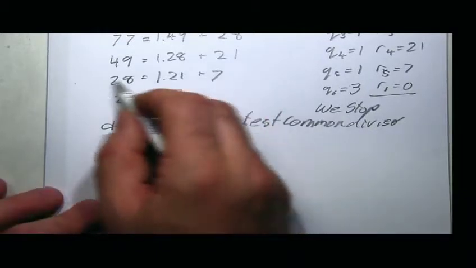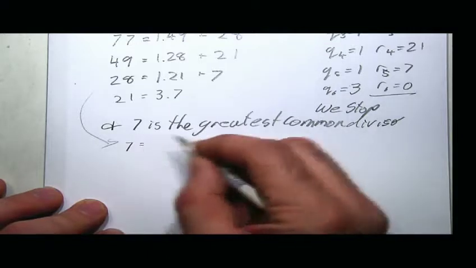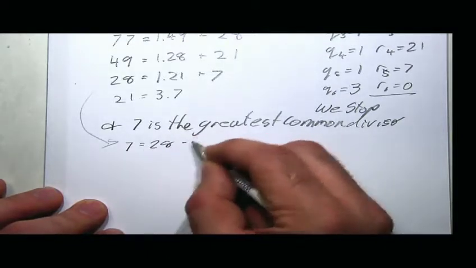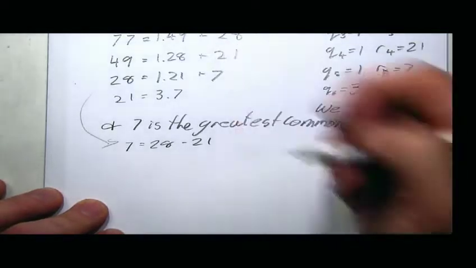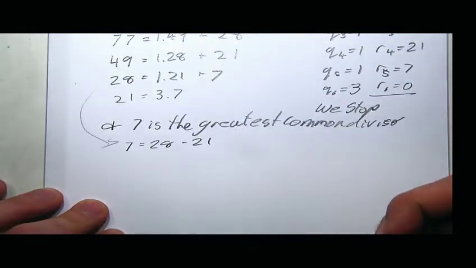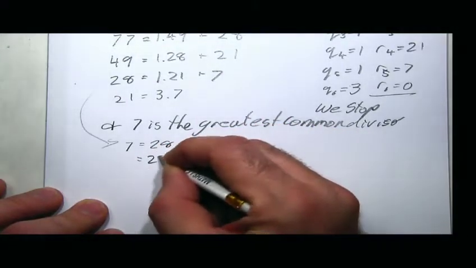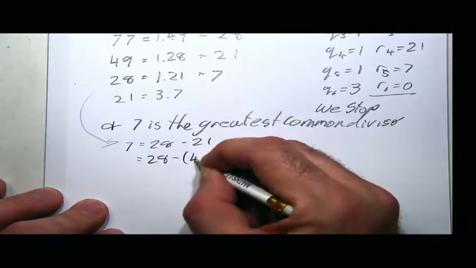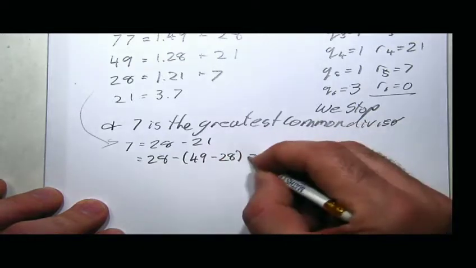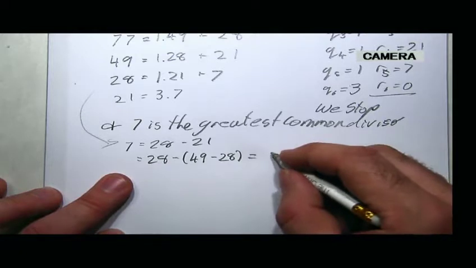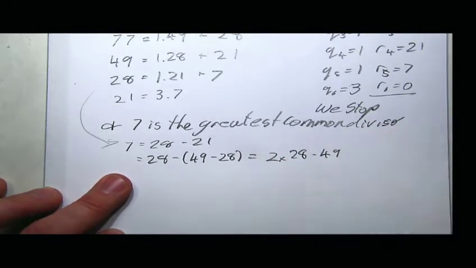From here, we can see that 7 is equal to 28 minus 21. But because I can rearrange this one here, I can say 21 is equal to 49 minus 28. So this is equal to 28 minus (49 minus 28), which with a bit of simplification becomes 2 by 28 minus 49.